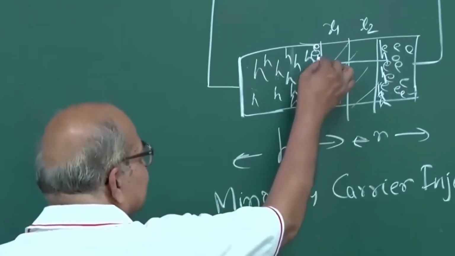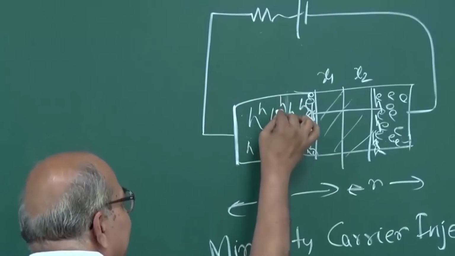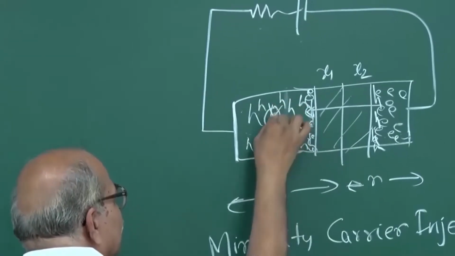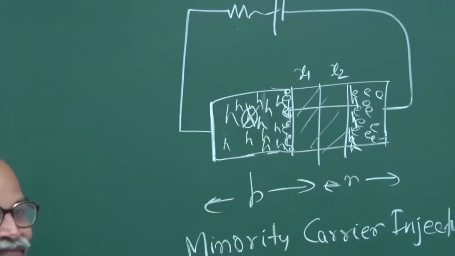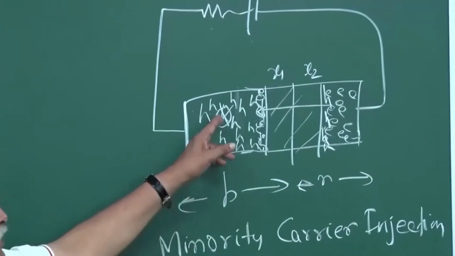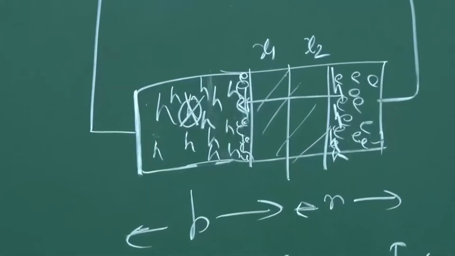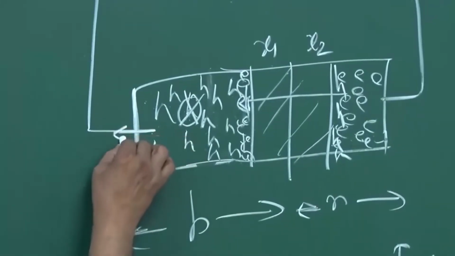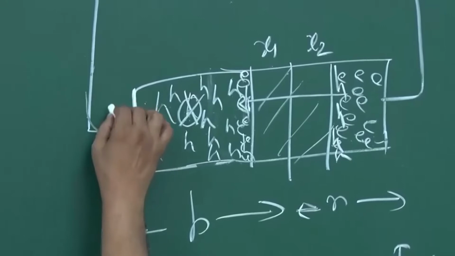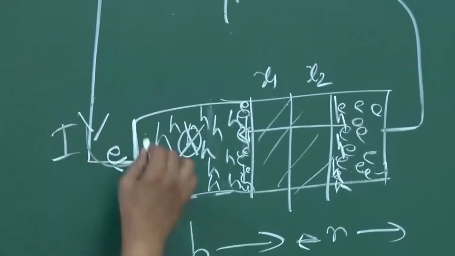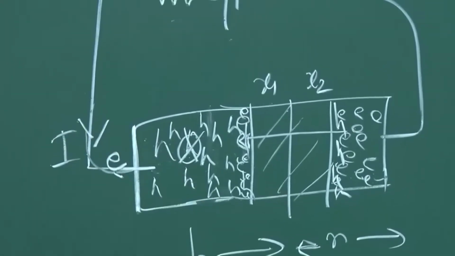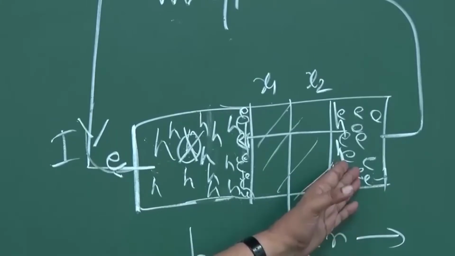And so if this electron combines with a hole, and if this hole goes out, negative charge appears, so one electron has to be withdrawn. So one electron is withdrawn at this contact, and then the electron goes this way, the current goes this way. Similar is the story on this side also.